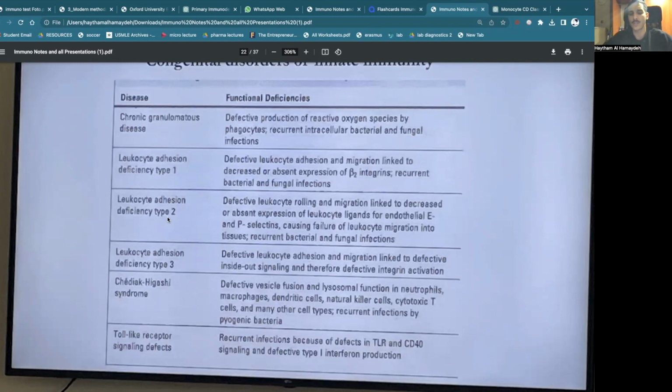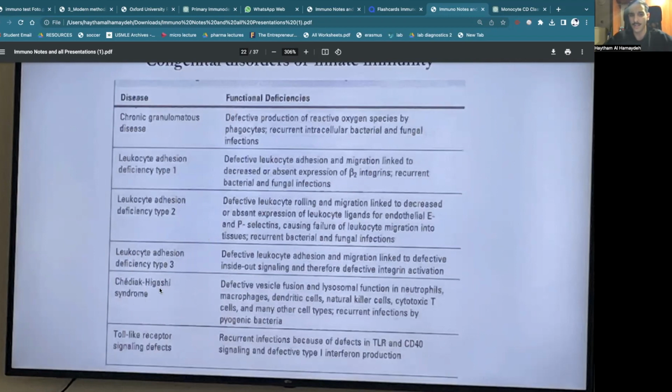Leukocyte adhesion deficiency type 2, there's a problem in endothelial E and P selectins, hence causes failure of leukocyte migration into the tissue. Leukocyte adhesion deficiency type 3, there's a problem in the inside-out signaling that causes a problem in the integrins and so hence allows for LAD to be produced.